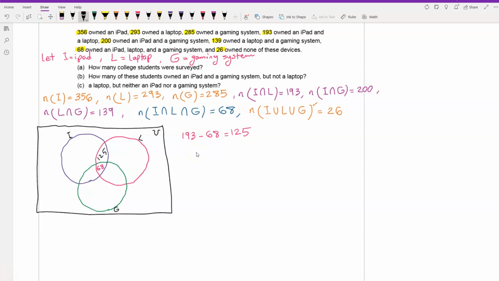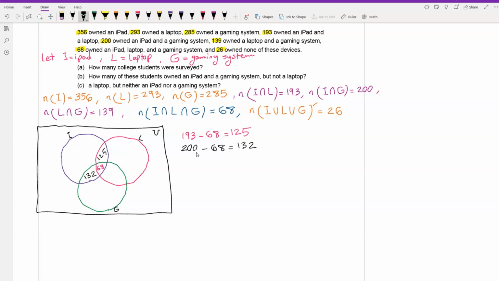Then what we have in common between iPad and gaming system, we have 200, so we use that number. Again, subtracting what we had in common between all these three is 68. So that is equal to 132. This is what we have for this part. So between I and G, we have 132 plus 68, total is 200.